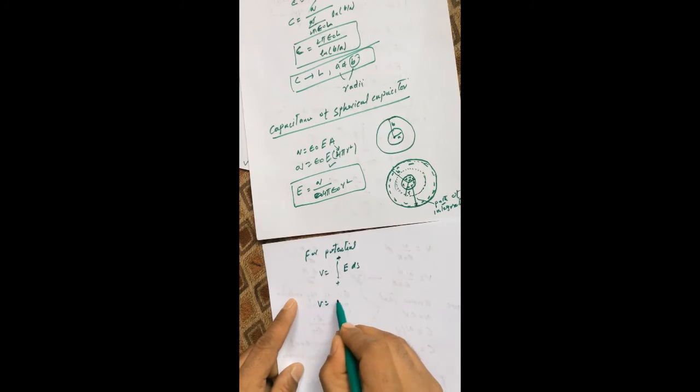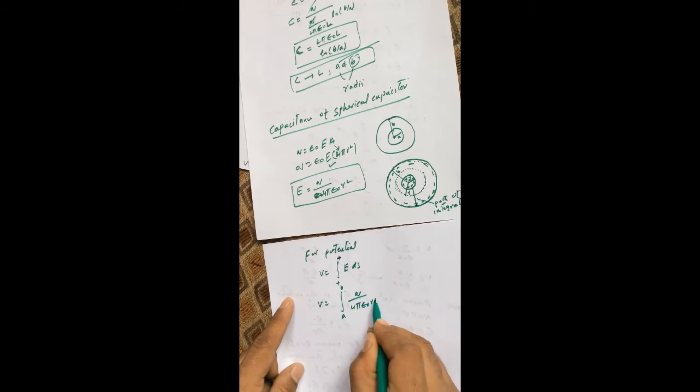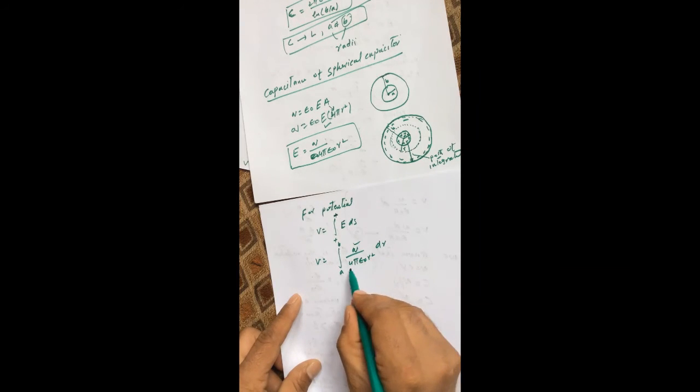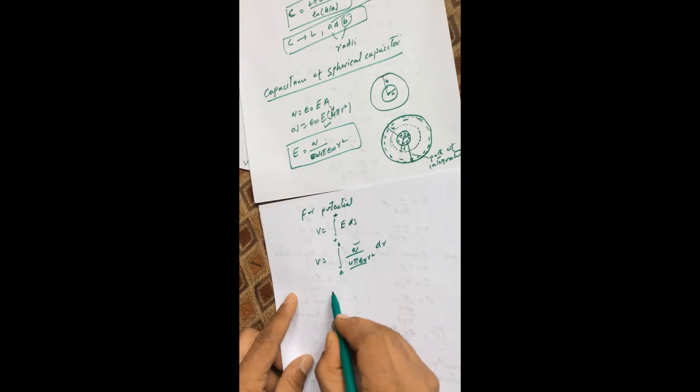So V is equal to, now the positive surface is at radius A and the negative surface is at radius B. Now E is Q over 4 pi epsilon naught r square, and ds is equal to dr. Now these quantities are all constant, so we can keep them outside of the integral.